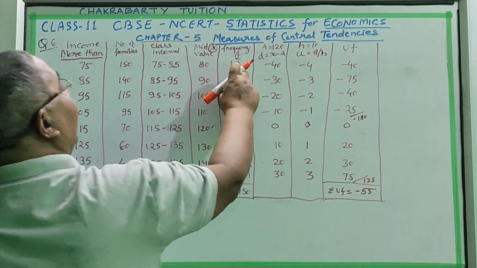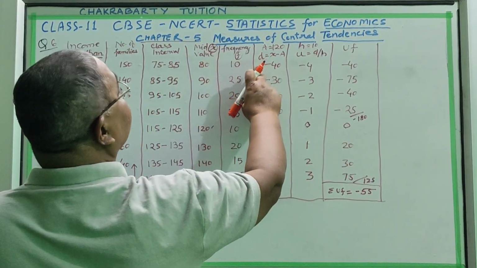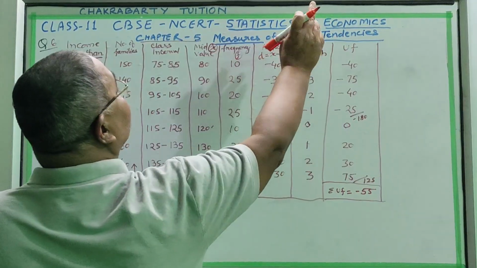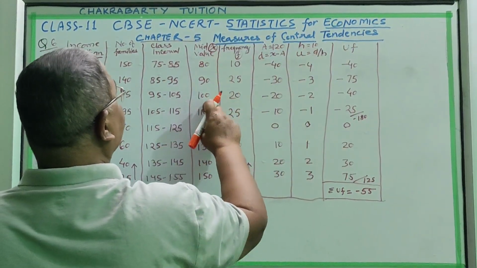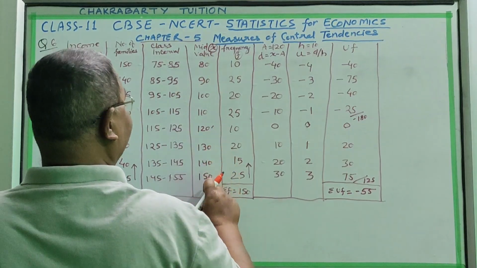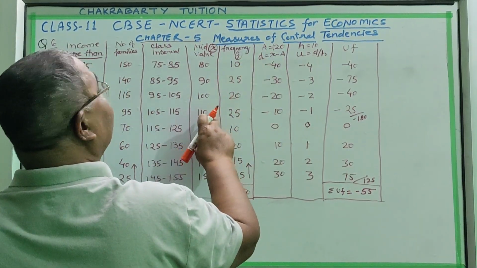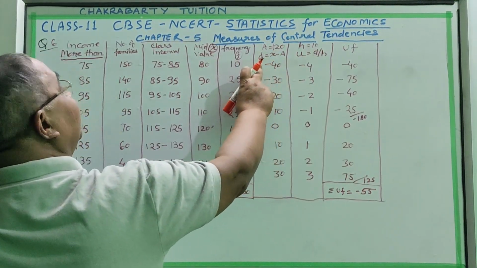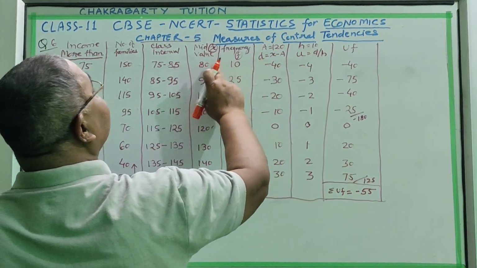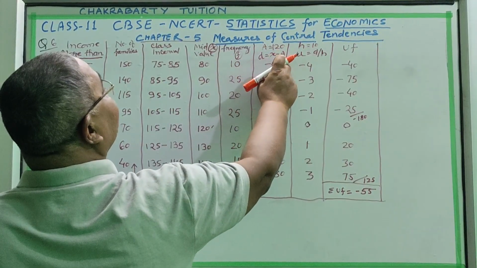Now x is with you, f is with you. This x is a very high amount, so we can reduce the x. How? You take an assumed mean, any mean. Generally we take the middle figure. Here we have taken the fourth item, or fifth or third, any item you can assume. Then you take out the deviation of this x from the assumed mean. So x minus 120.